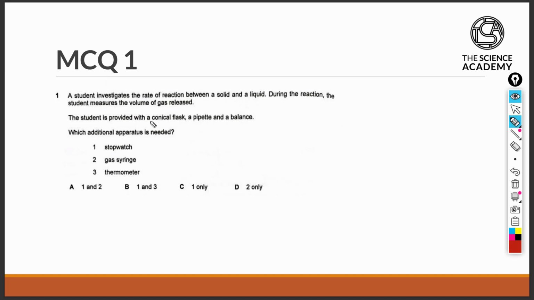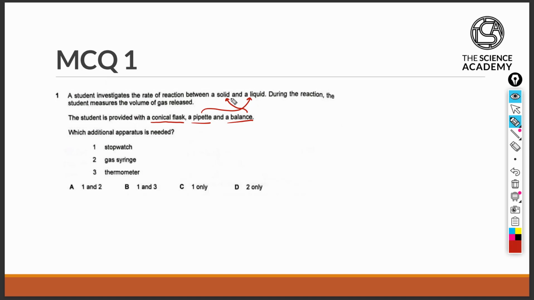So we know that the conical flask is going to be the flask in which the reaction is occurring. The pipette serves to extract out a specific volume of the liquid reactant, and the balance helps to measure out a specific mass of the solid reactant.